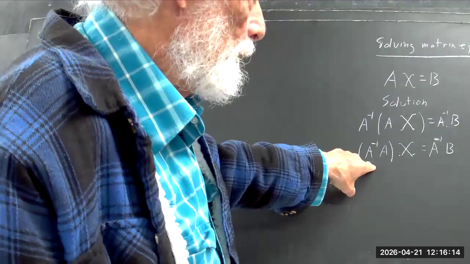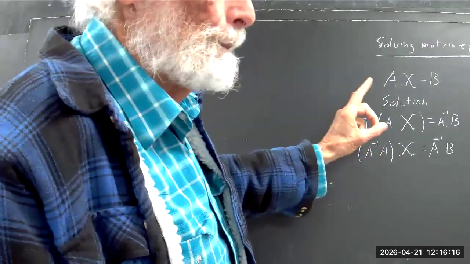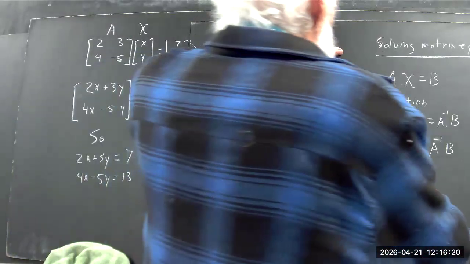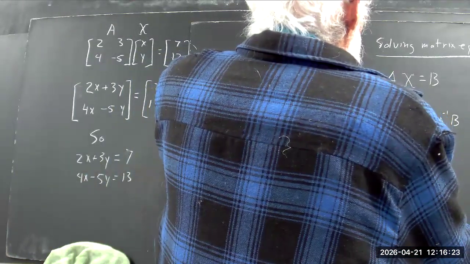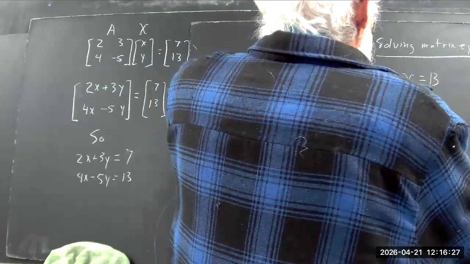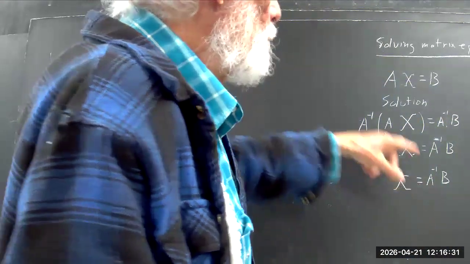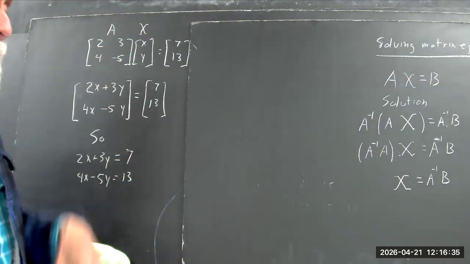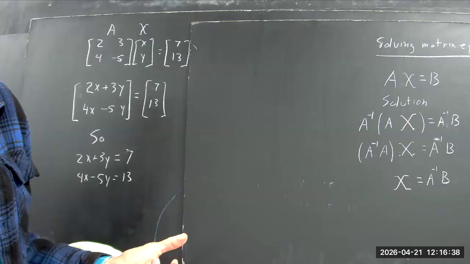But this gives you the identity matrix, which means it's like 1. So when we multiply it by X, we just get X. So our X equals A inverse B. So if we know the inverse matrix, all we've got to do is multiply it, in this case, by 7, 13, and we get the solution. Okay?